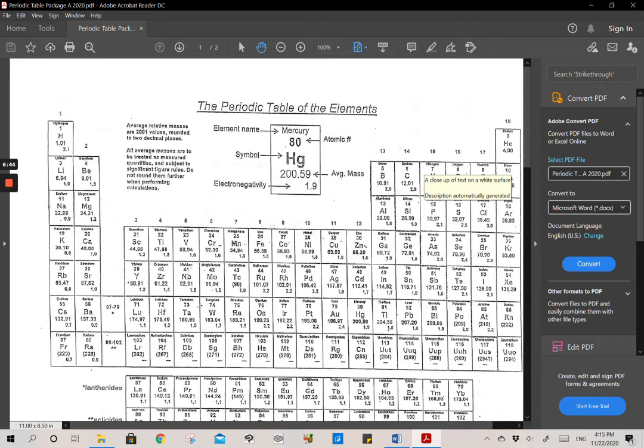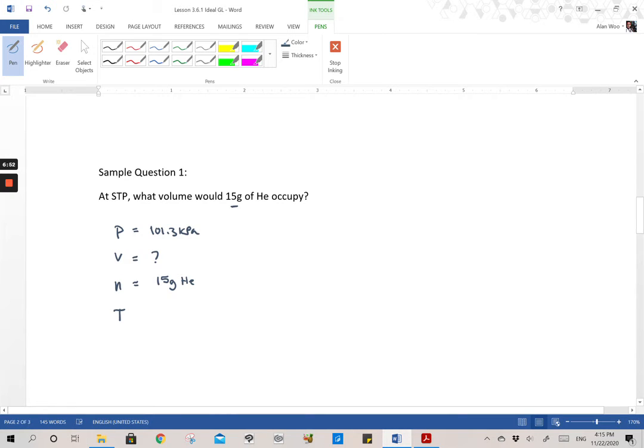Look for helium, over here on the right-hand side. It has a molar mass of 4. So we convert by dividing by the molar mass of helium. 15 grams divided by 4 gives us 3.75 moles of helium.